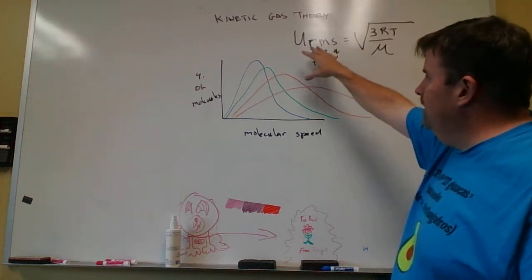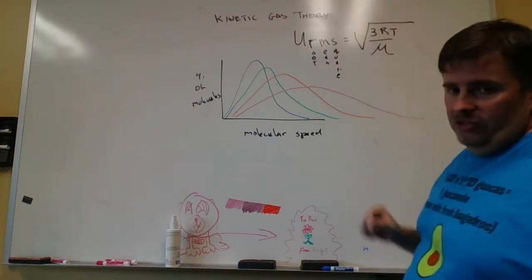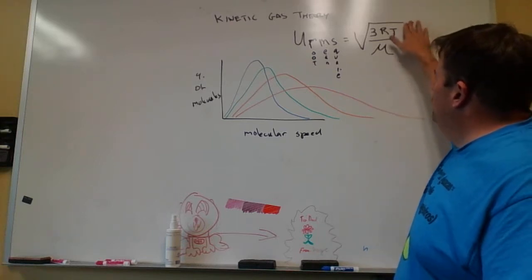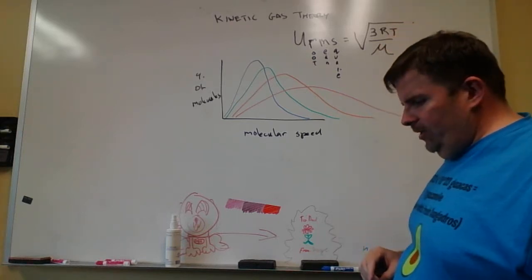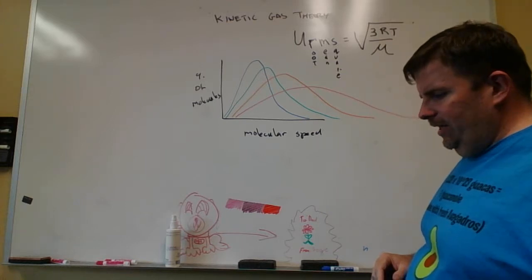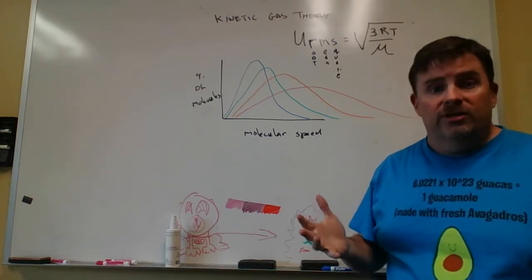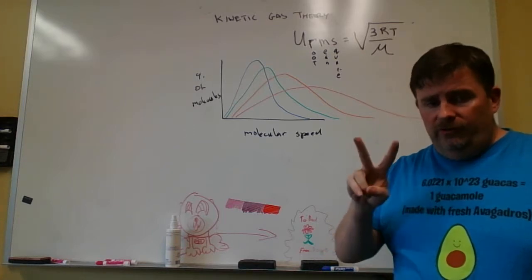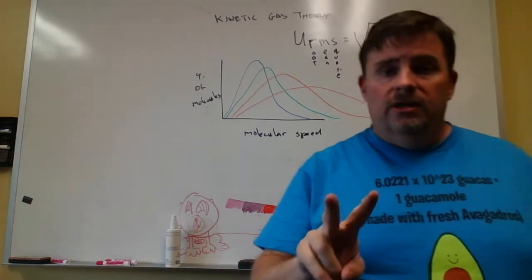So my RMS speed is a function of a square root. I get this average RMS speed, and it talks about the kinetic energy associated with each of these molecules. And that has to do with two effects: effusion and diffusion.